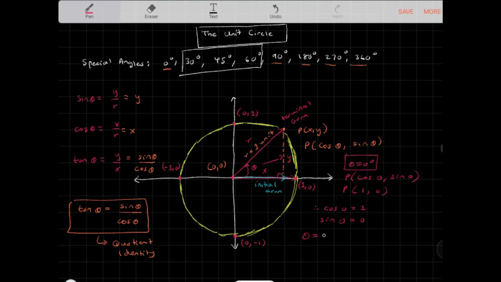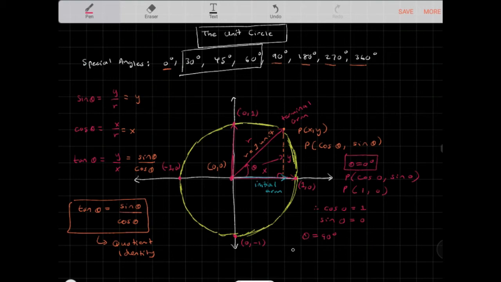Let's see what happens when theta is equal to 90 degrees. So if theta was equal to 90 degrees, now the terminal arm would be located here. Remember that rotations are relative to the initial arm. If theta is positive 90 degrees, this is a counterclockwise rotation of 90 degrees, so we'd expect the terminal arm to be positioned there.